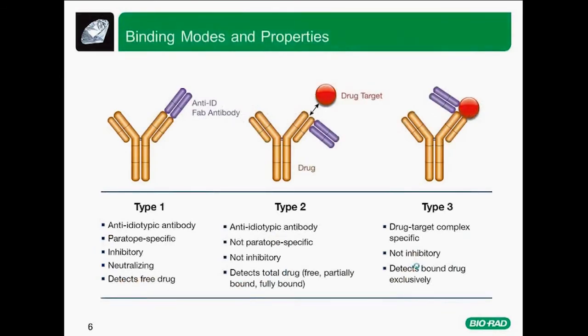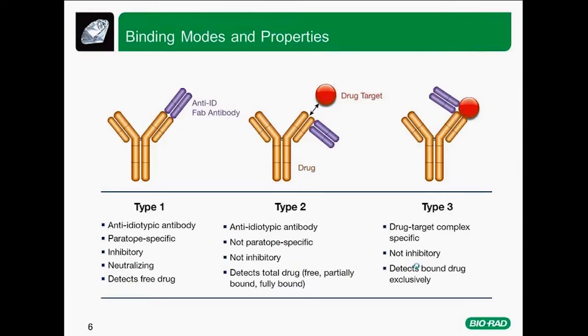I would now like to show you the different binding modes and properties of anti-idiotypic antibodies. We've classified anti-idiotypic antibodies into 3 types, 1, 2, and 3. Type 1 is a paratope-specific anti-idiotypic antibody, which is inhibitory and neutralizing. But this antibody only detects the free drug.